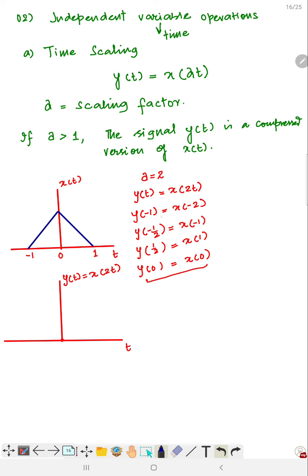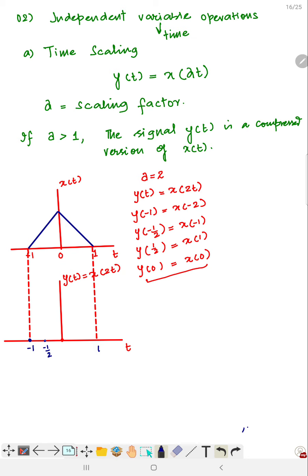But y of -1 is x of -2, but x of -2 is 0. So let me just try to project this. Projections. So the value y of -1, that is this, is x of -2, but x of -2 is 0, so we don't have any value here. Y of -1/2, which means somewhere here, is x of -1.